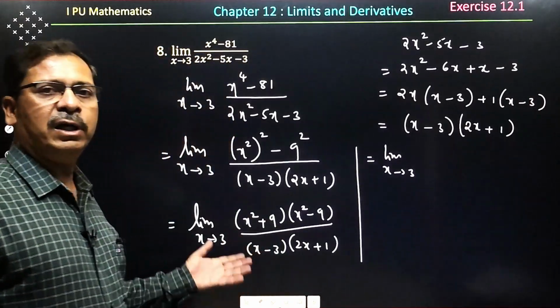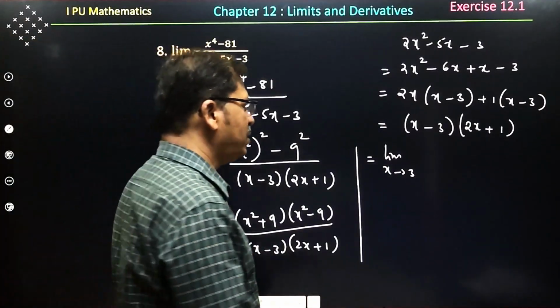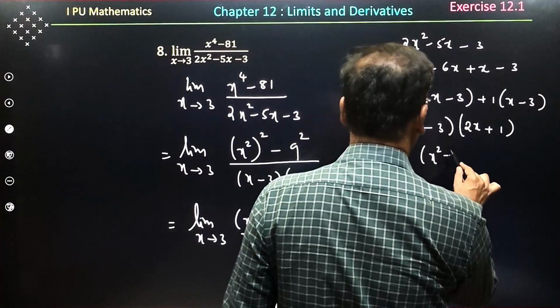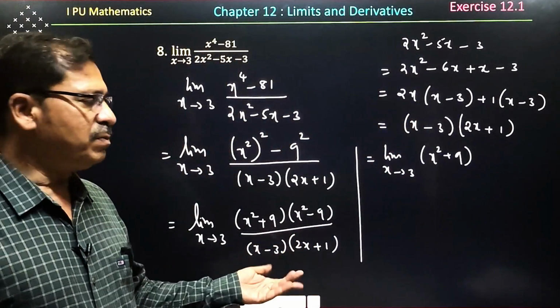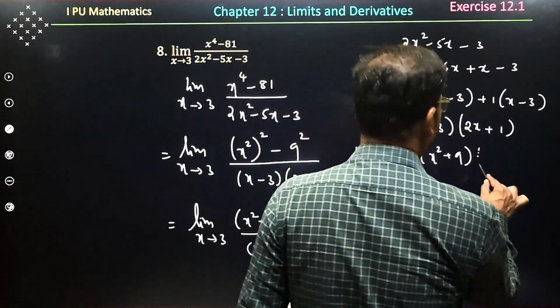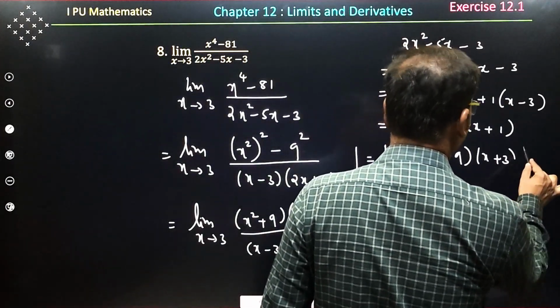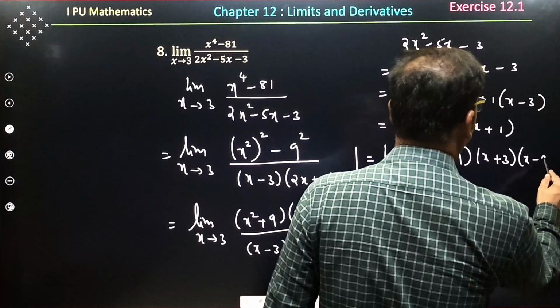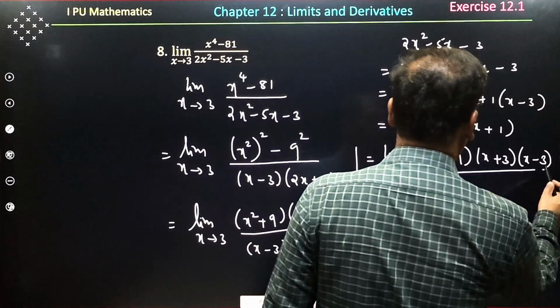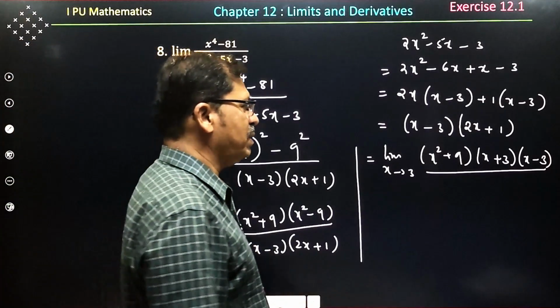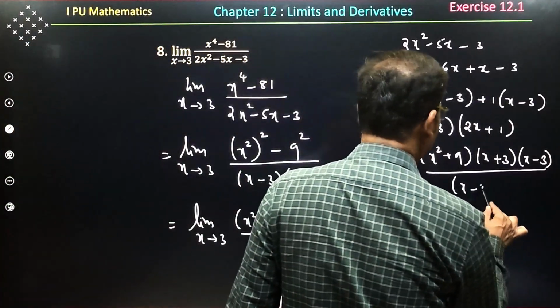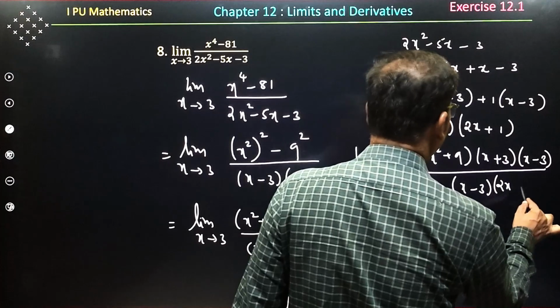This x square plus 9 I would like to write as it is, no change in this case. But x square minus 9 can be factorized as x plus 3 into x minus 3. Don't think x square plus 9 can also be factorized, that is not possible. Denominator is x minus 3 into 2x plus 1.